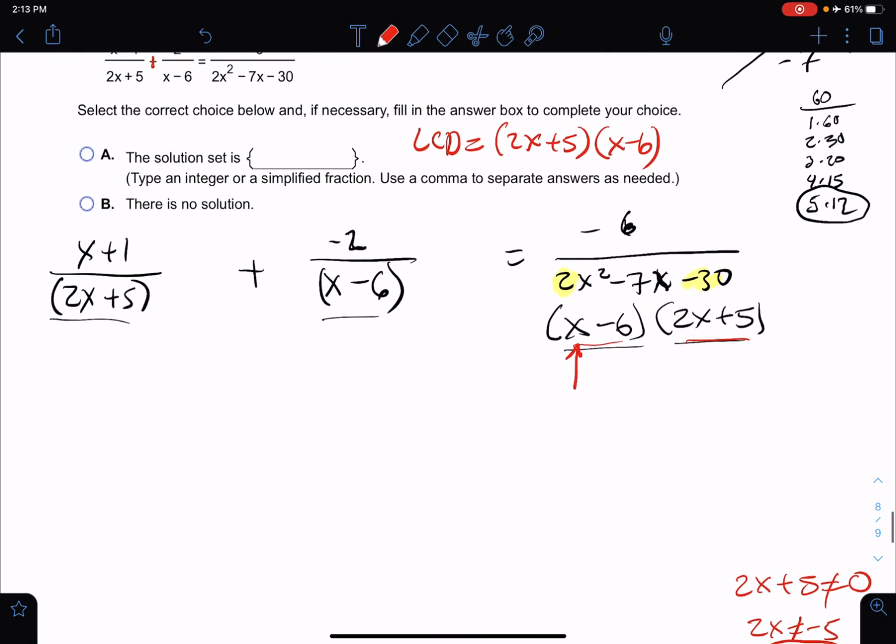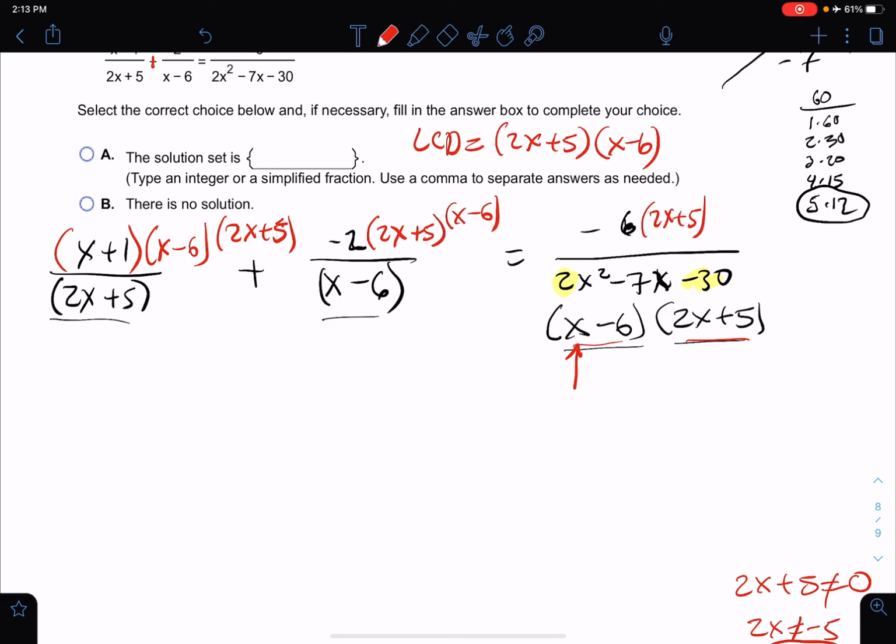Let's go ahead and multiply by the LCD so we can clean this fractiony thing up. We're going to multiply by the LCD, x minus 6 times 2x plus 5, and also 2x plus 5 times the quantity x minus 6.